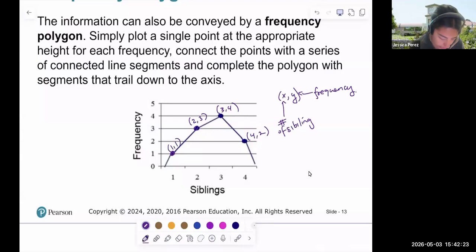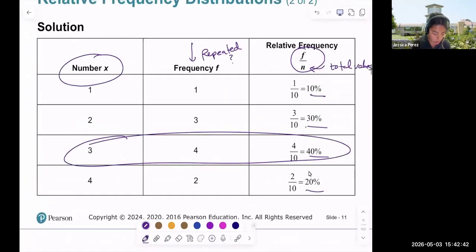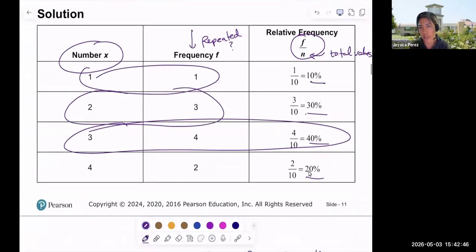But then the thing is, you put the plots, and then once you plot them, you create a polygon. So it's going to be line segments that will create a type of shape, a polygon here. So first you plot the points, which is your frequency distribution right here. So 1, comma 1, 2, comma 3, 3, comma 4, 4, comma 2.